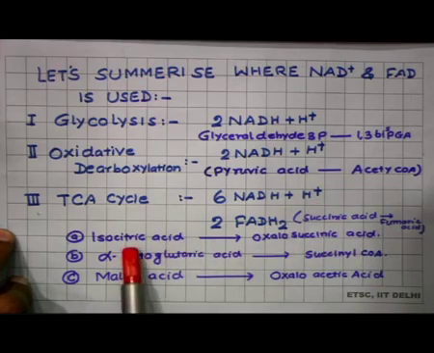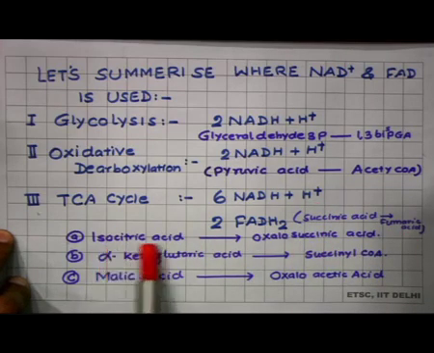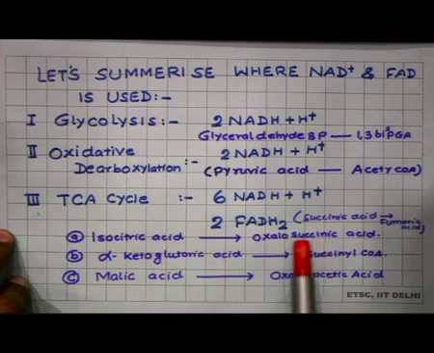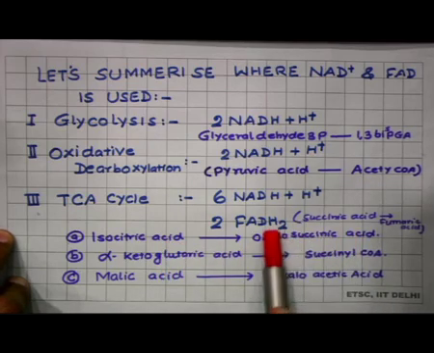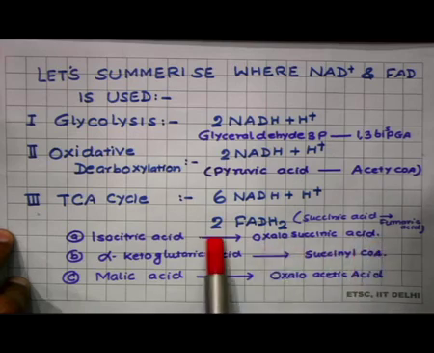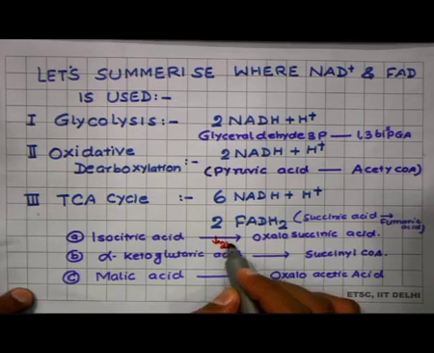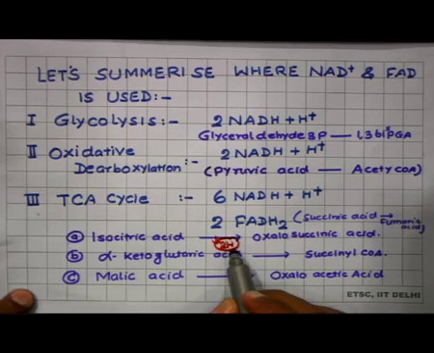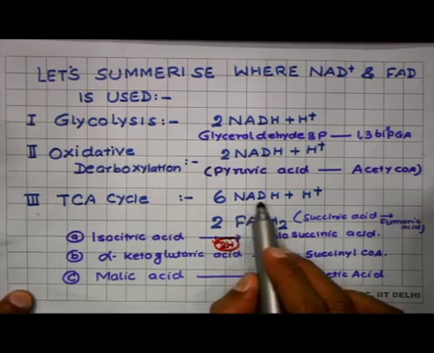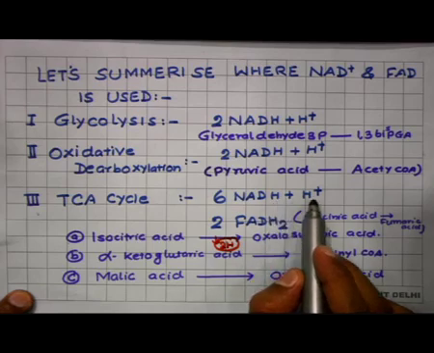The sites are: isocitric acid when it forms oxalosuccinic acid. In this case 2 hydrogens are released and accepted by NAD plus to form NADH plus H plus.